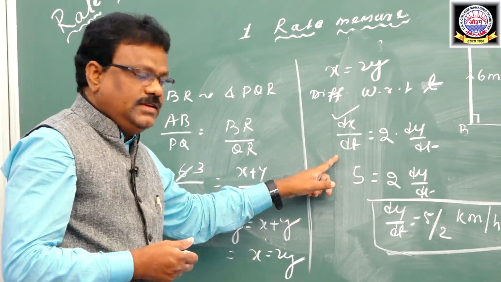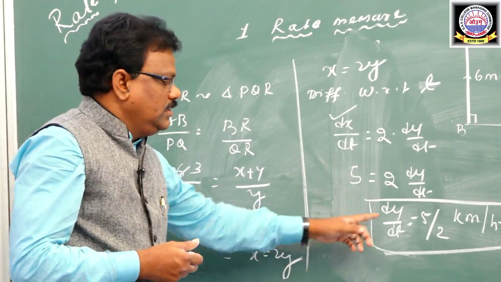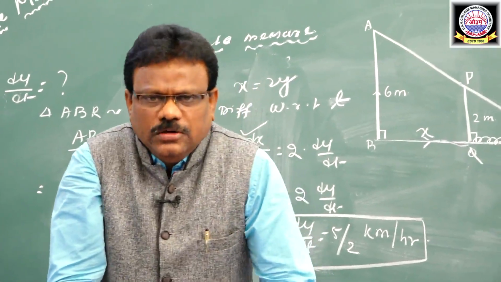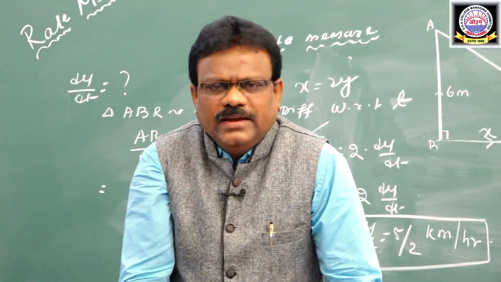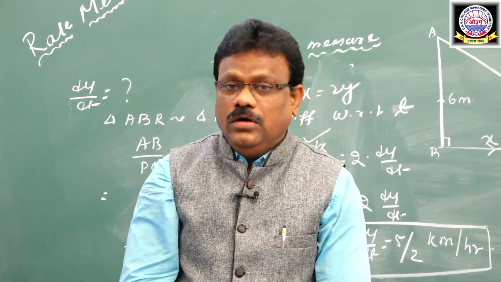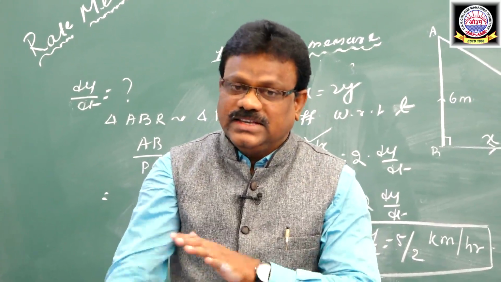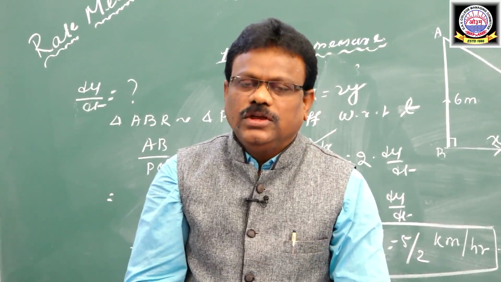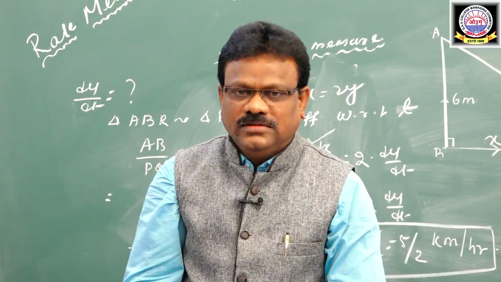Finally I got dy by dt equal to 5 by 2. So what is the final answer? Therefore the shadow of the man increases at the rate of 5 by 2 kilometer per hour.